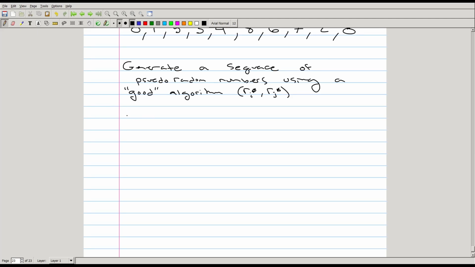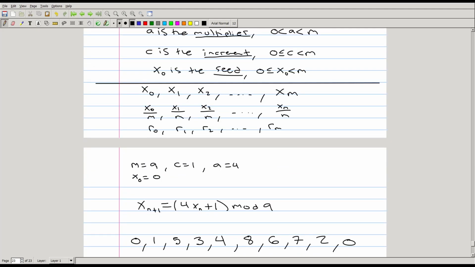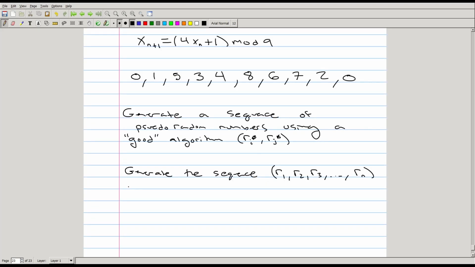And then what we'll also do is generate the sequence R1, R2, R3 up to Rn from before, from the linear congruential generator. And then just compare the two results and kind of discuss the results.